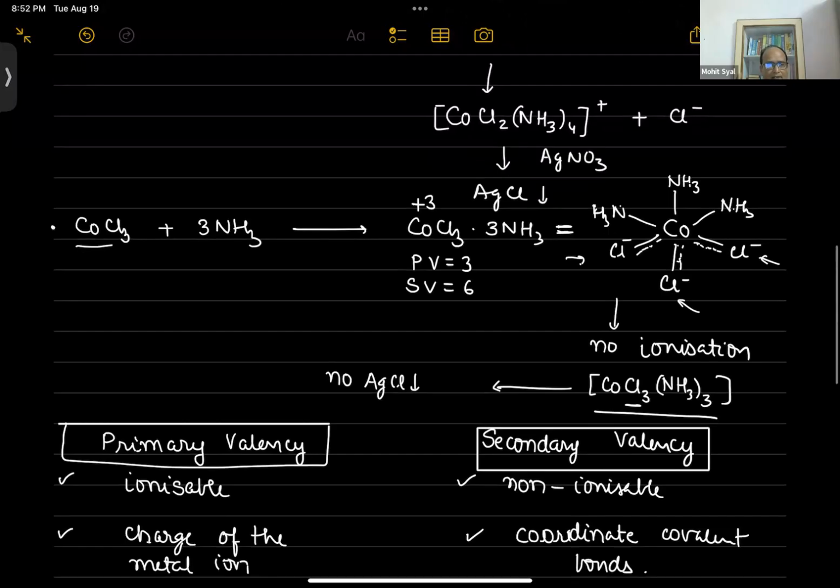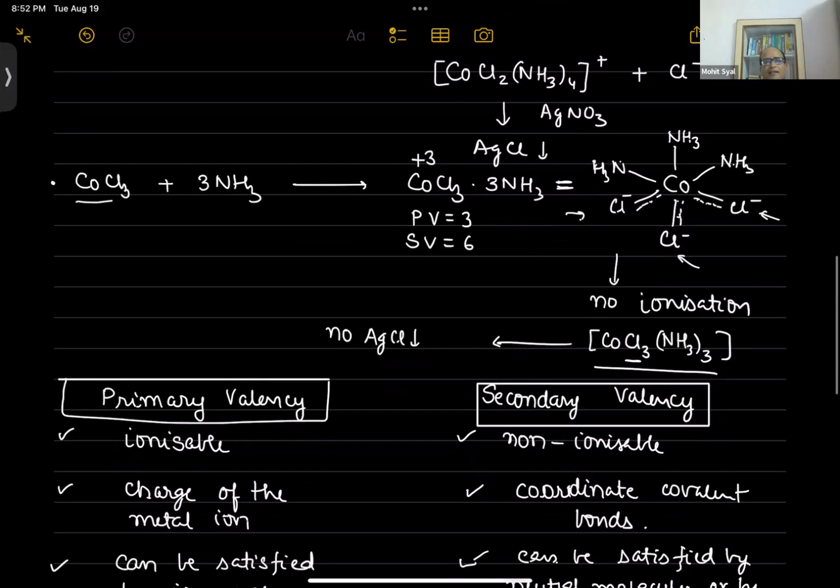So how is that 6 valence going to be satisfied? We are going to put the 3 Cl minus for secondary valencies also and for the primary valencies also. Got it? And that's why we have put the two lines, the solid line and the dotted line, to represent that the chloride ions in this case, because there were not enough NH3 molecules to satisfy both types of valencies.